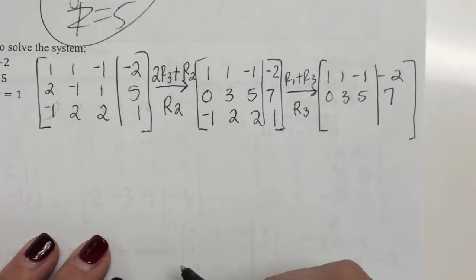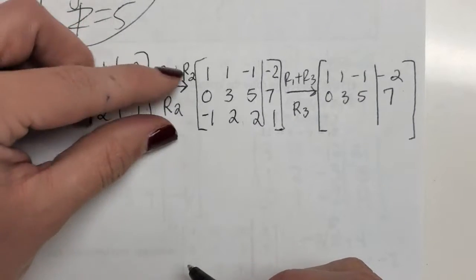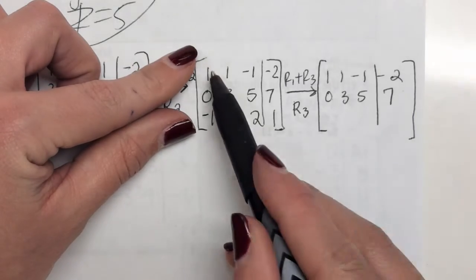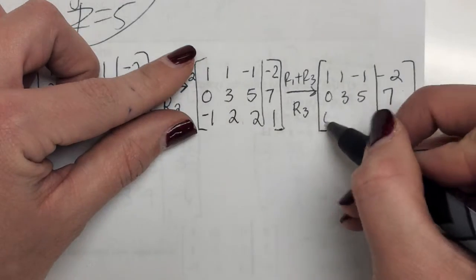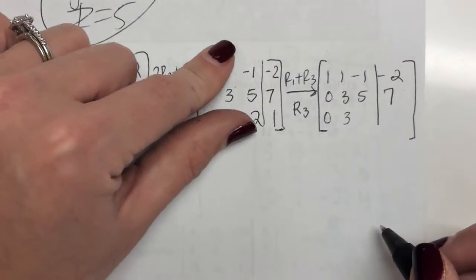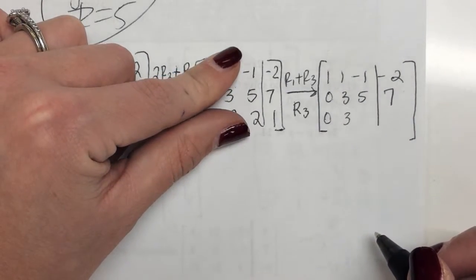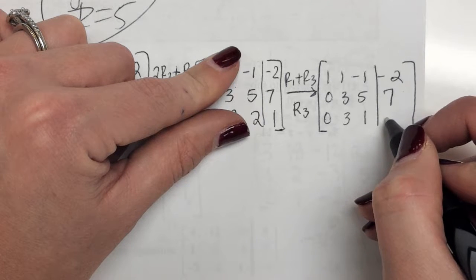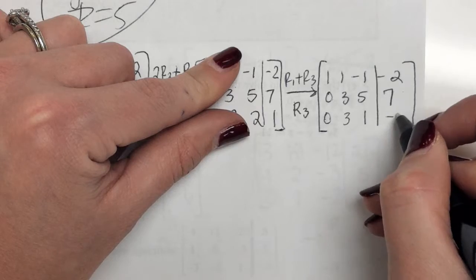Alright. So now I'm looking here. 1 plus negative 1. Good. 1 plus 2. The next numbers added together would be what? Good. The last one? Good.